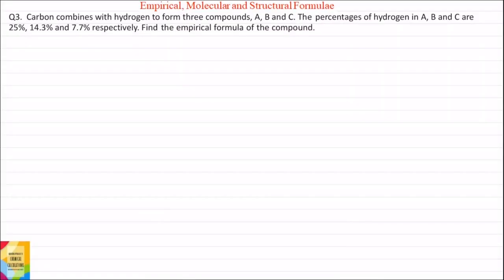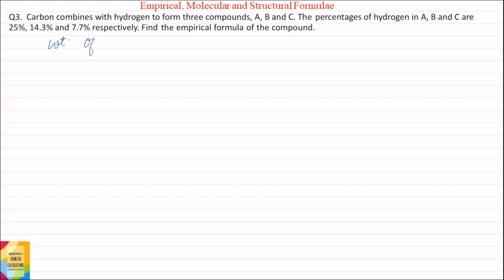Question 3. Carbon combines with hydrogen to form three compounds A, B, and C. The percentages of hydrogen in A, B, and C are 25%, 14.3%, and 7.7% respectively. Find the empirical formula of the compound. The percentages of hydrogen in A, B and C are given.